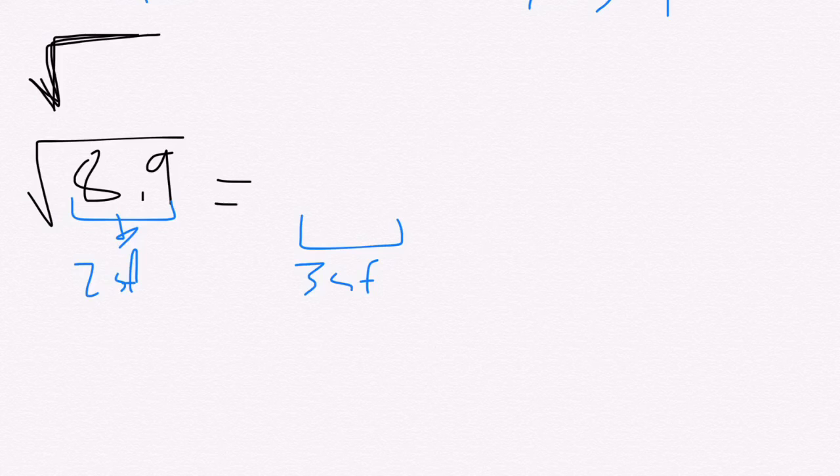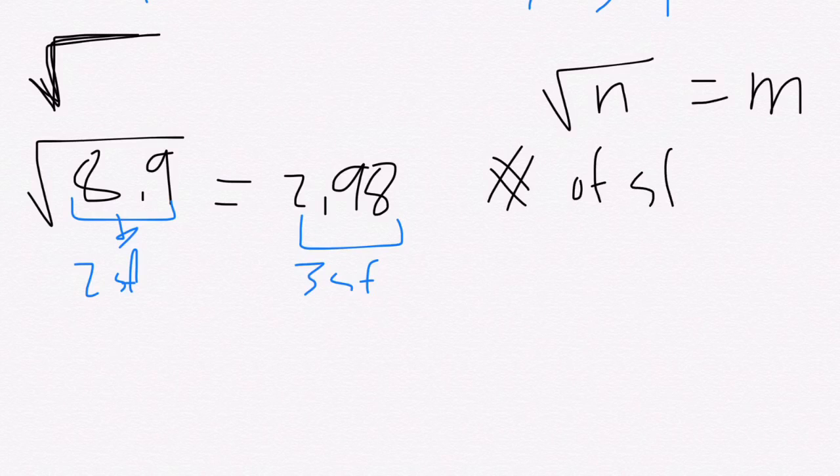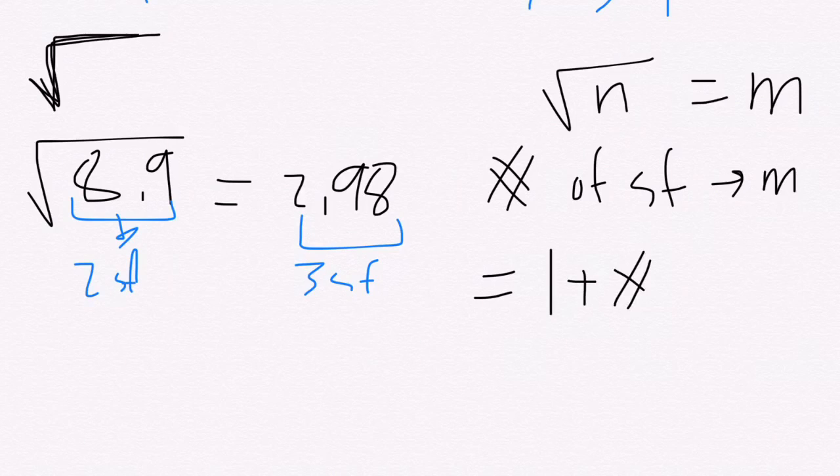It'd be like 2.983, but since 3 is smaller than 5, we're just going to drop it, and our answer will be 2.98. So basically, if we have a number inside a square root, the number of sig figs of the answer m is equal to 1 plus the number of sig figs of n.